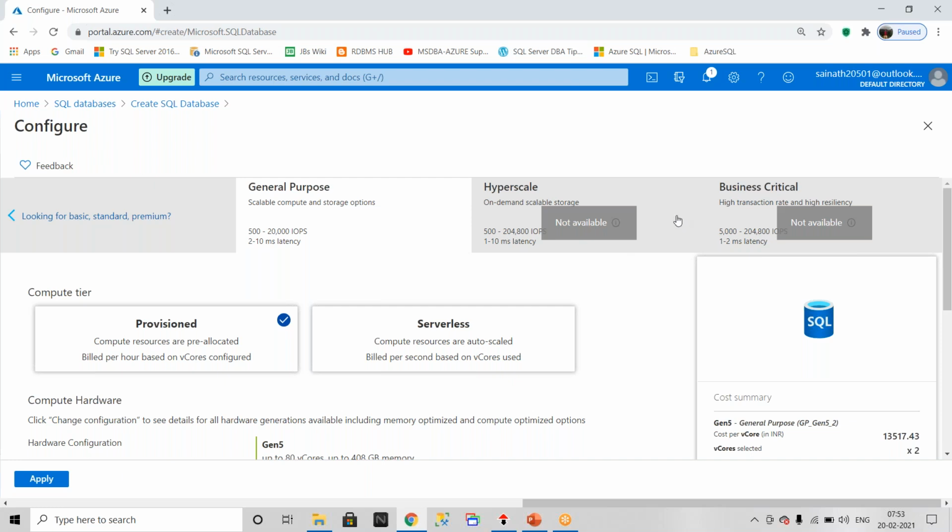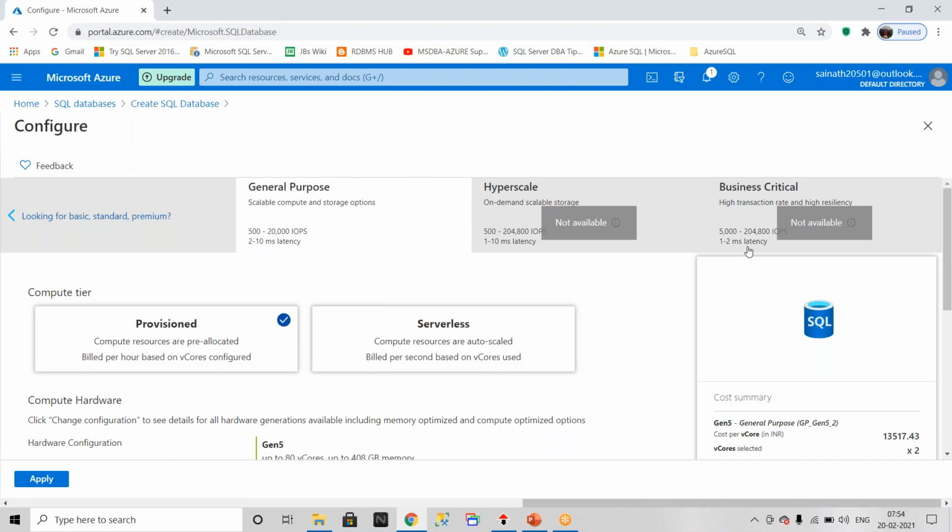Here you need to see the cost as well when I'm going for Hyperscale or Business Critical. When you go for General Purpose, it is balanced: balanced vCore, balanced storage, balanced memory.